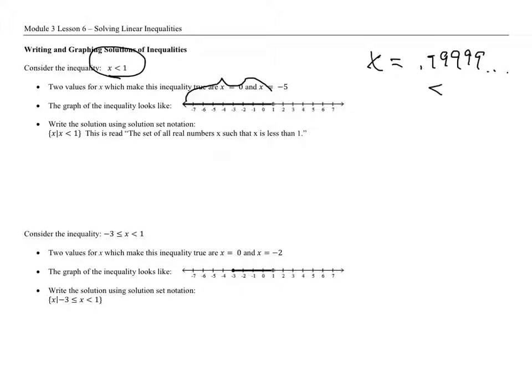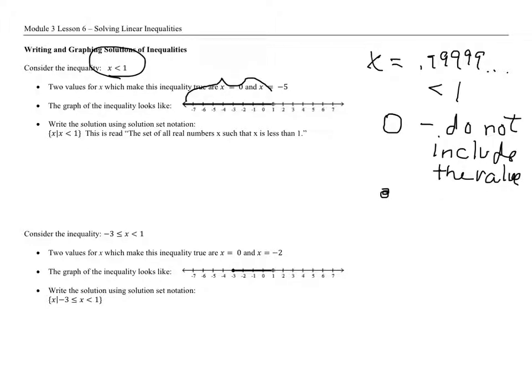That is still less than 1, right? So we want to get close to 1, but not there. So an open circle indicates that you do not want to include the value.